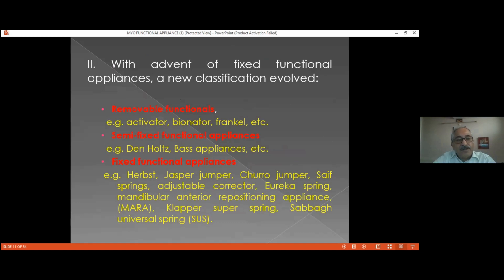There are semi-fixed functional appliances which cannot be removed fully by the patient: the Dentaurum and the Bass appliances. And there are fixed functional appliances like Herbst, Jasper Jumper, Saif Springs, Eureka Springs, Mandibular Anterior Repositioning Springs, Klapper's Super Spring, and Scott's Universal Spring. These are different types of fixed functional appliances.